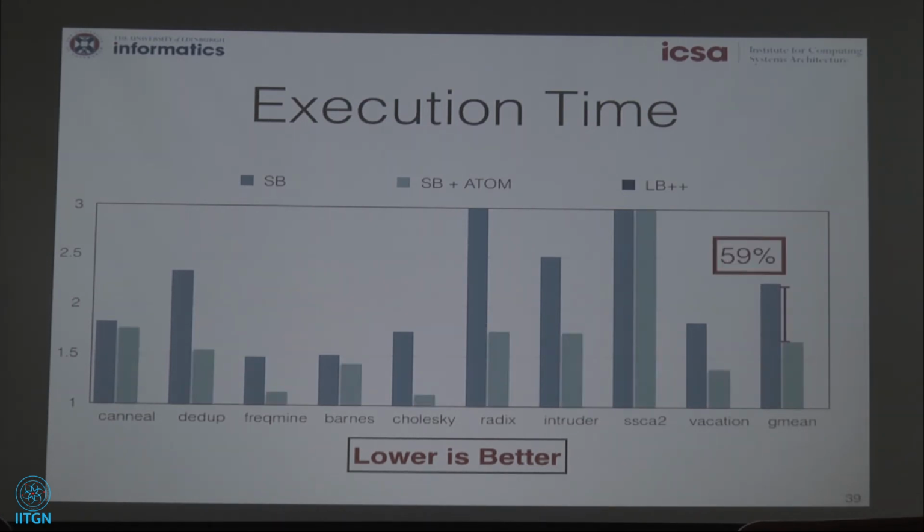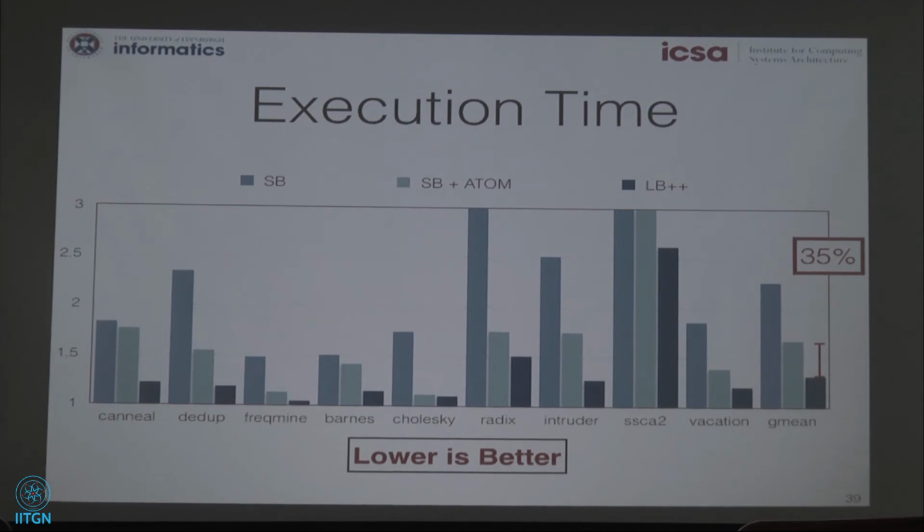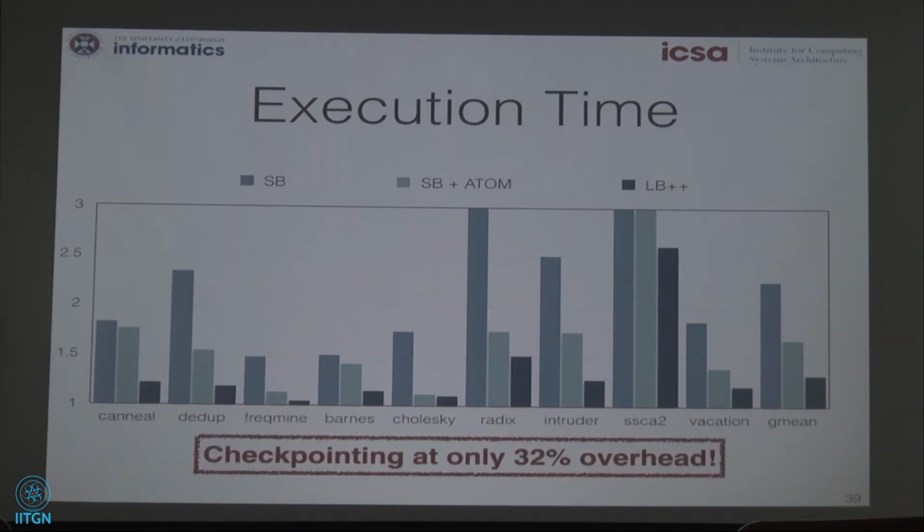But if you provide support in the form of Atom to a strict barrier, then you can improve the performance or reduce the execution time by 59%. And if you use LB++ along with that, you can further reduce that performance to 35%. More specifically, we can achieve checkpointing of applications with only a 32% runtime overhead compared to a non-atomic design which does not guarantee checkpointing, which does not guarantee recovery in case of failure.